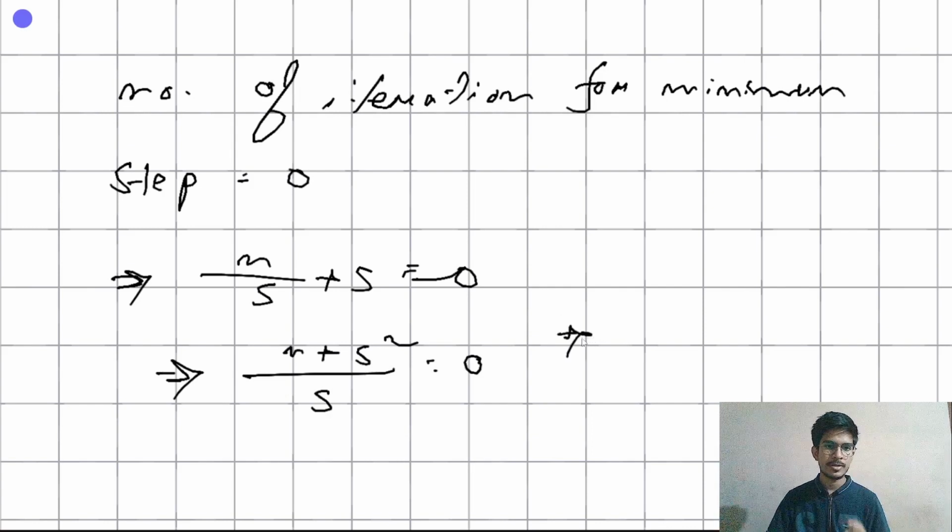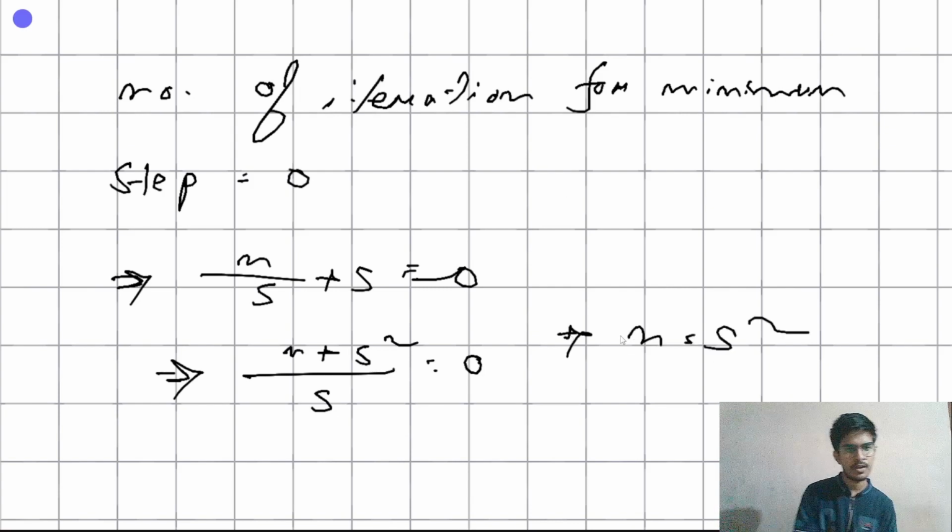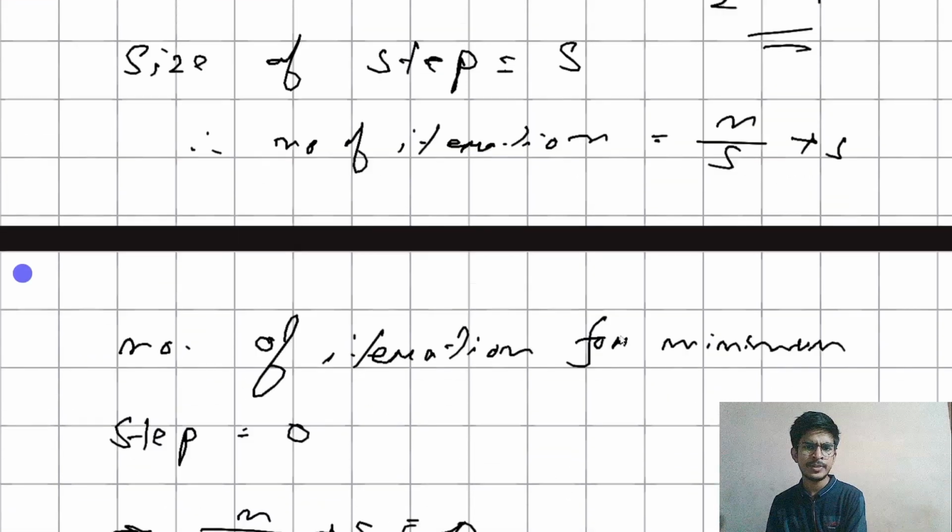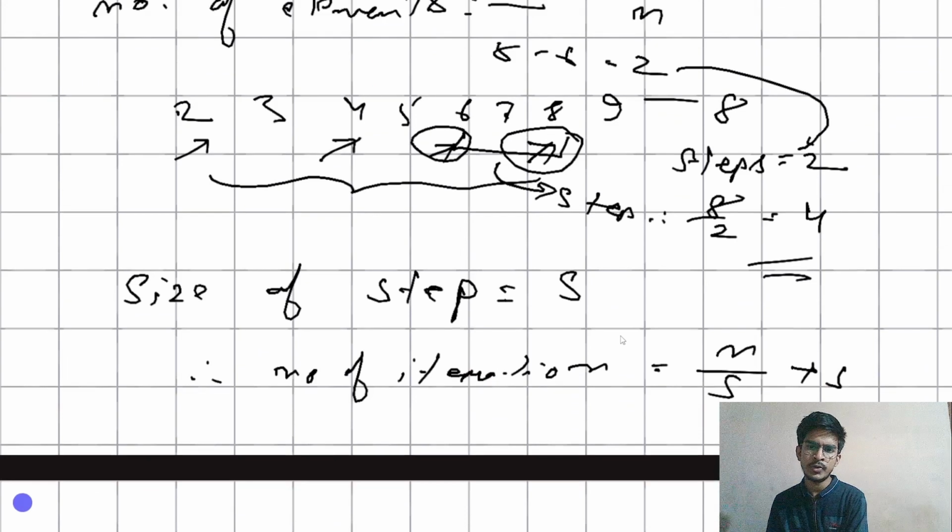Now we are just eliminating the minus. Suppose we are taking the minus, so n equals s square. How much minimum step can we get from here? n upon s, the minimum step is actually 1, so s minus s square.